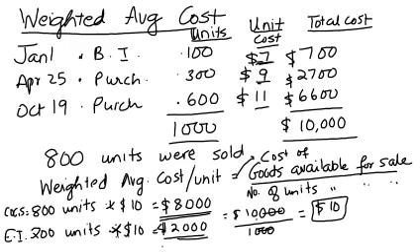We should multiply times the number of units. That's why it is called the weighted average cost. So 100 times 7 plus 300 times 9 plus 600 times 11 gives a total of 10,000, and then we divide by 1,000, which is the number of units. So then we get the weighted average cost per unit.